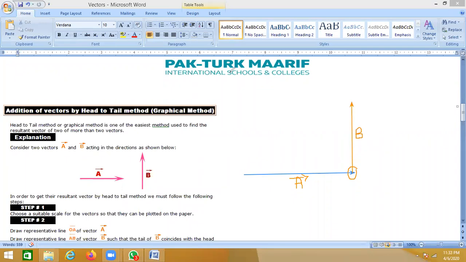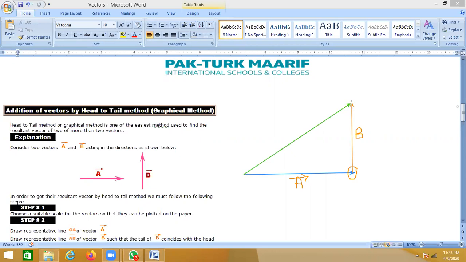Now the resultant vector can be drawn like, let me use a different color for this. Let me select now, okay, this color. Okay, so now how we are going to draw the resultant, the rule says that you have to draw the resultant vector such that its head is connected with the head of the last vector.